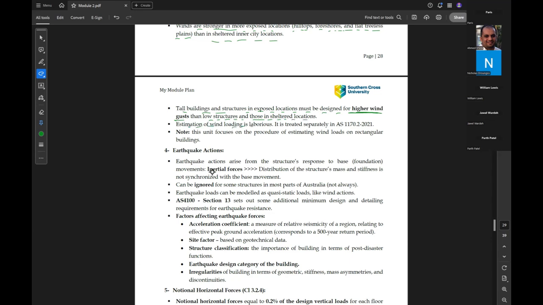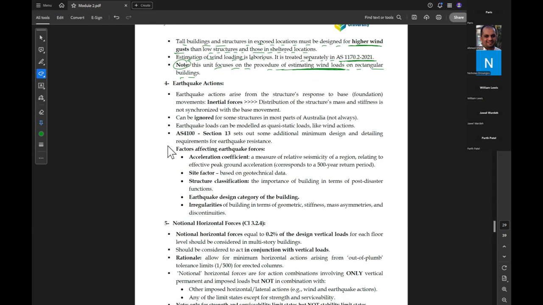Estimation of wind loading is laborious and it is treated separately in 1170.2. This unit focuses on the procedure of estimating wind on rectangular buildings only. So in the next lecture we will be focusing on how to estimate the wind loads.